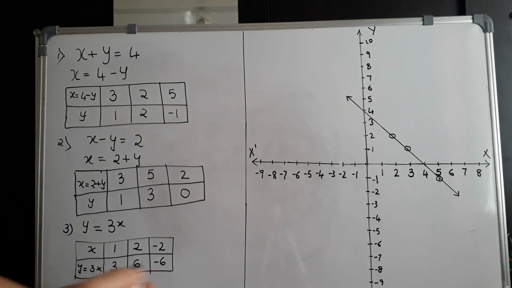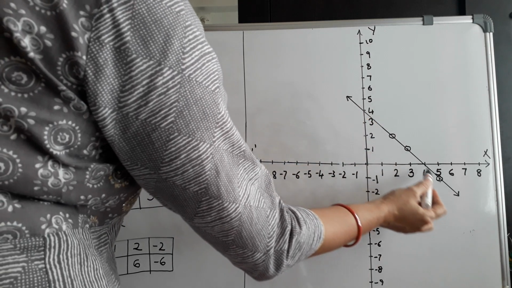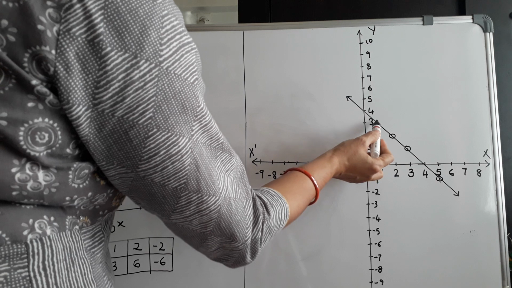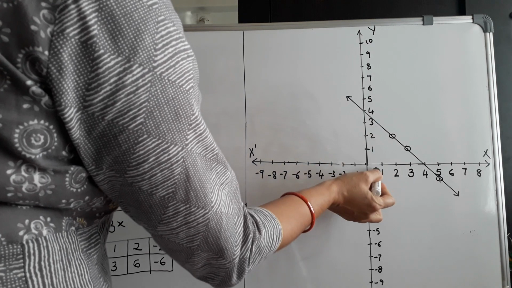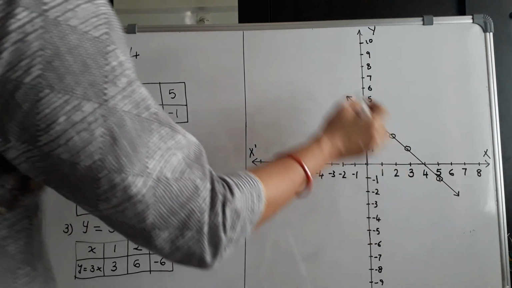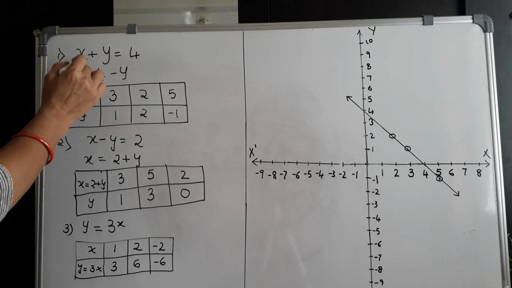And what does this line say? That every point lying on this line, for example 0, 4, this one here, for example 1/2 and 3, these all points lie on this line, and every point lying on this line satisfies the equation x plus y equal to 4.